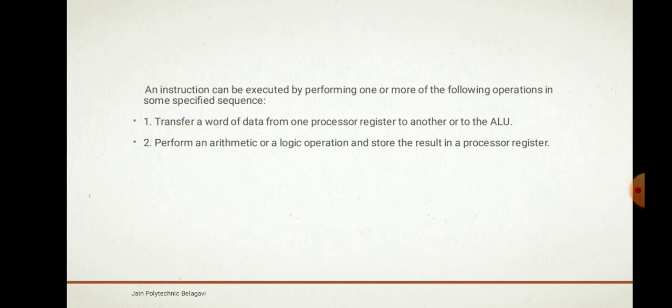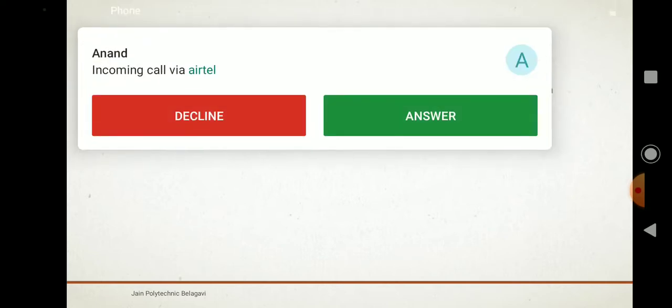The second is to perform an arithmetic or logic operation and store the result in a processor register. So once the data is stored in a register or sent to the ALU, in the ALU we perform the arithmetic and logic operation and again store that result in the processor registers.